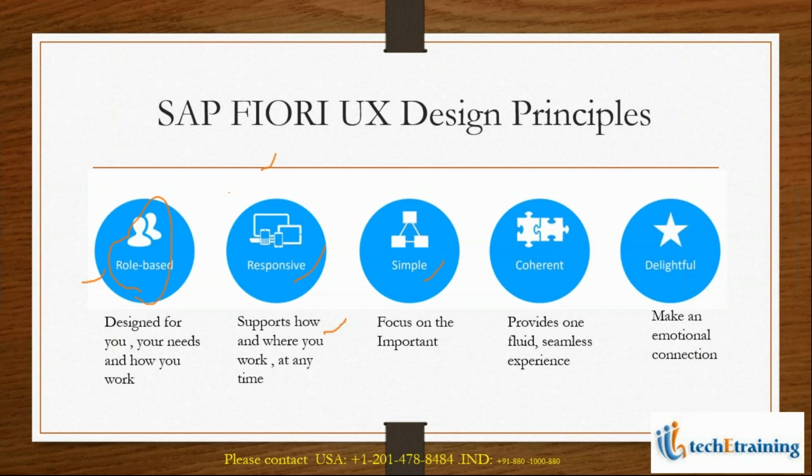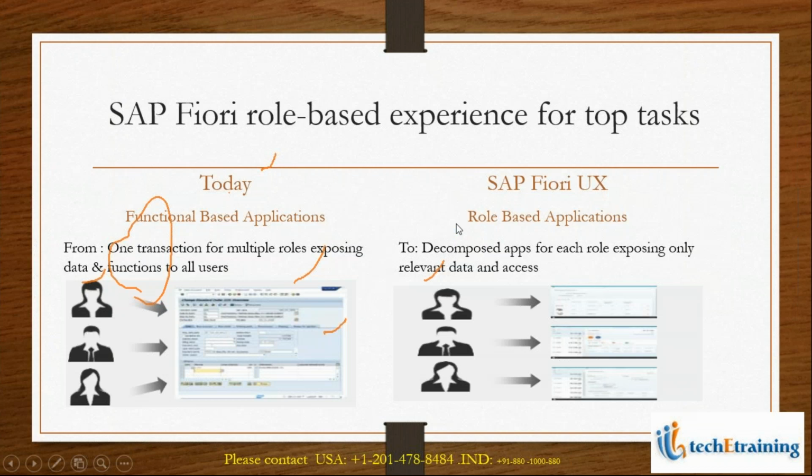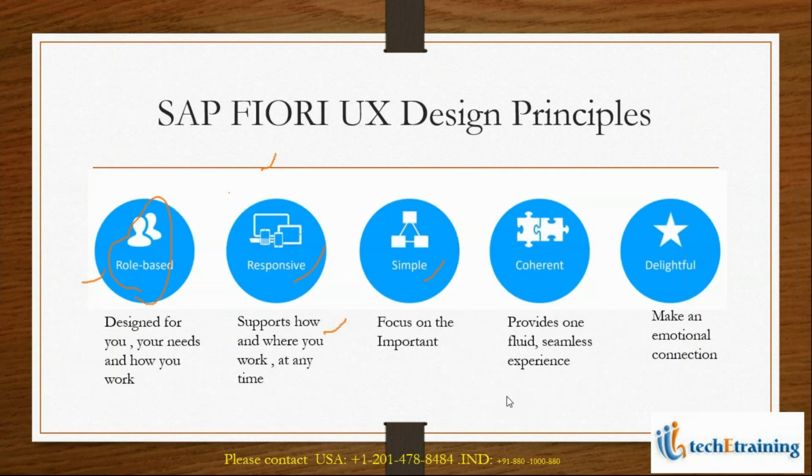And the third one is simple. Here it follows the 1-1-3 principle. For one user, for one use case, we develop a maximum of 3 screens. That is the reason it is called simple. The UX strategists say it is 1-1-3, addressing things in the simplest way: one user, one use case, and a maximum of 3 screens to load each UI5 application.